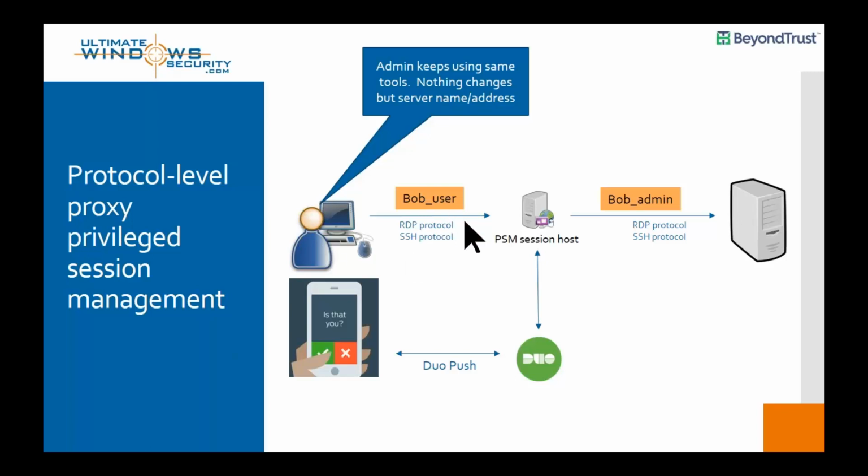But in between when this session is initiated and before it initiates the session with the privileged account, it goes back through a push notification authentication service like Duo and asks that admin, hey, is this really you? And the admin, out of band, on a separate channel, then says, yes, I am.